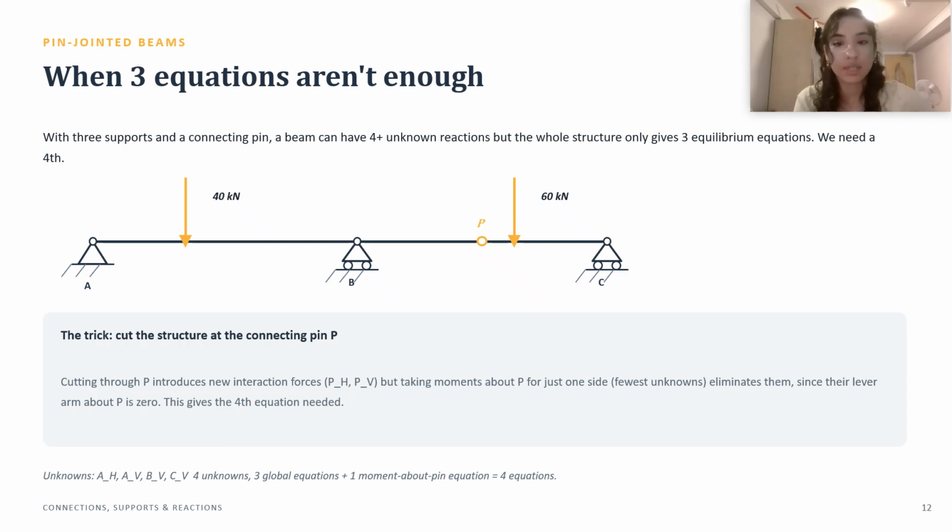And then this gives the fourth equation, because the moment about P must be 0. So there will always be solutions.